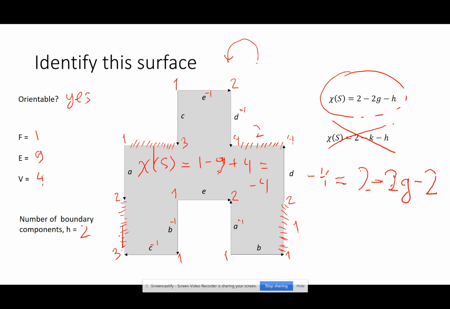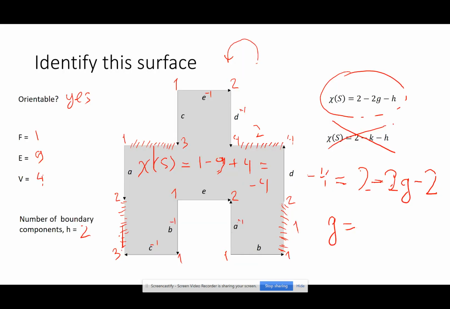So -4 equals 2 minus 2G minus 2. From here, we solve for G. And G happens to be 2, right? So the answer is an orientable surface of genus 2 with 2 boundary components. Or this is also the connected sum of 2 tori with 2 boundary components.